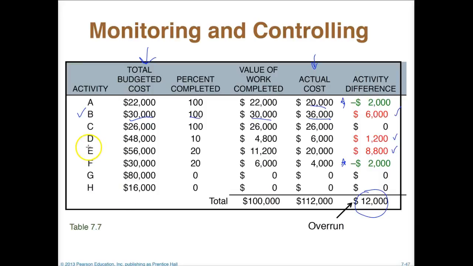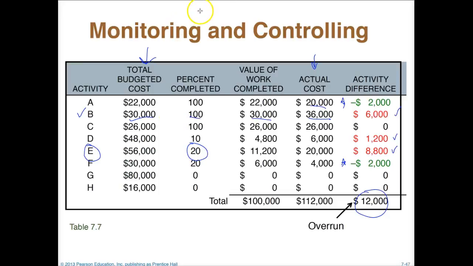Now, for, let's say, activity E here, we see that at this particular snapshot in time, activity E and F are running, and activity E is 20% complete. And so the value of the work there is just going to be 20% of this $56,000.